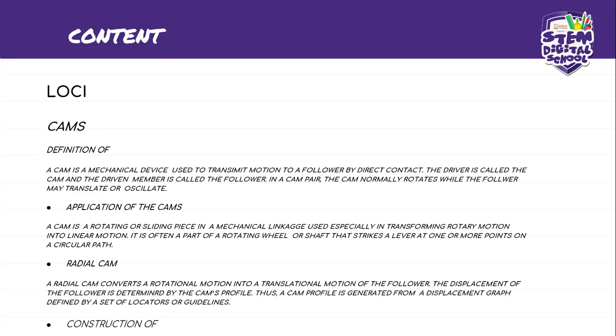We shall talk about that in terms of our illustrations. Thus, a cam profile is generated from a displacement graph defined by a set of locators or guidelines. Remember, we want to look now at the construction aspect of it so that it bears the practical aspect that we want in EGD.